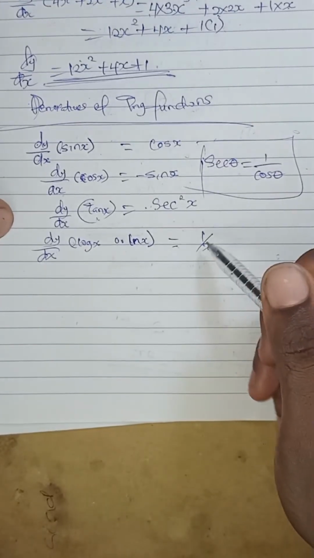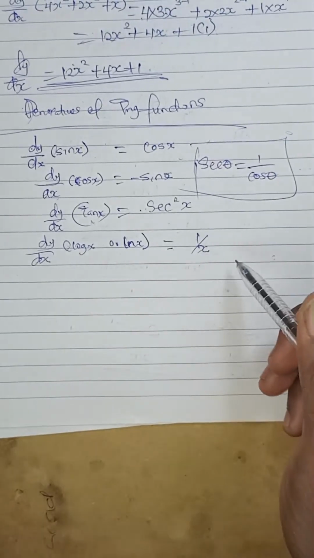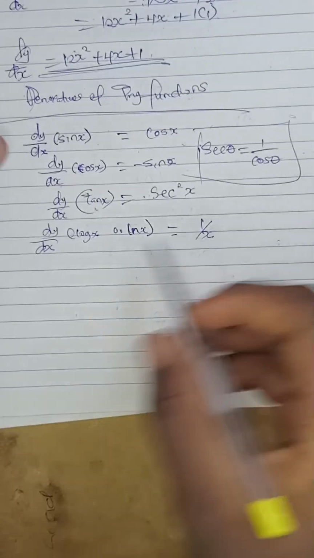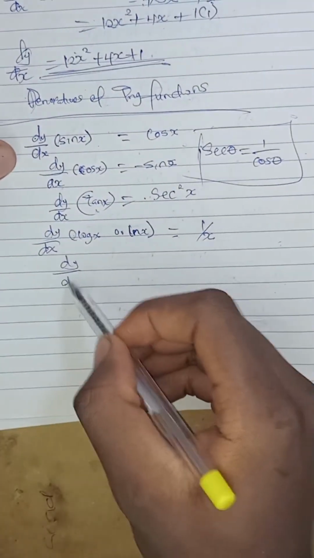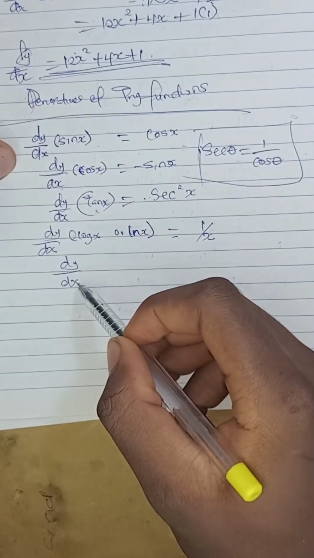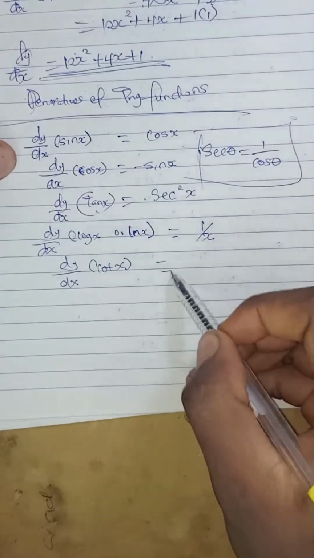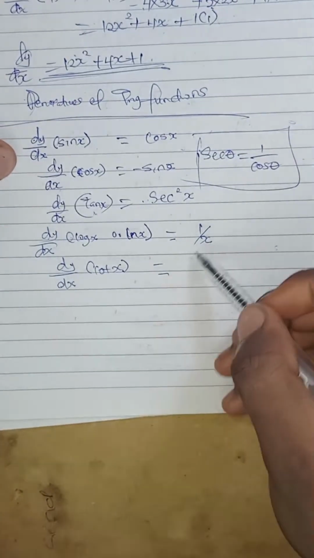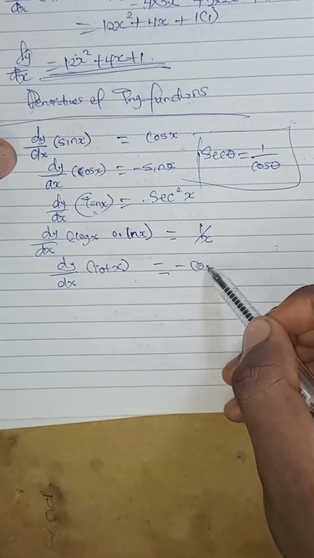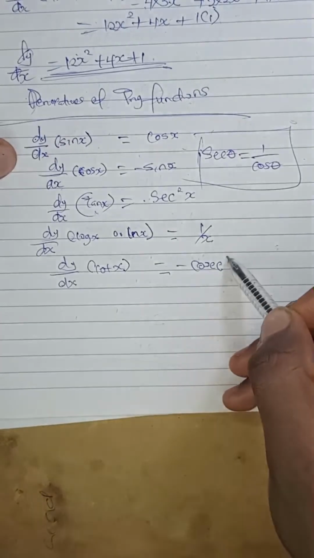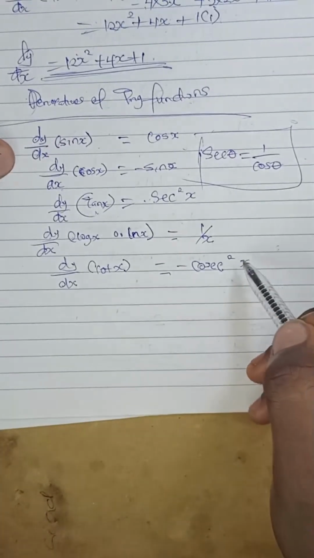It is equal to the inverse of x, right? The derivative, that's dy over dx, of cot x is equal to minus cosec square x. Yeah, minus cosec square x.